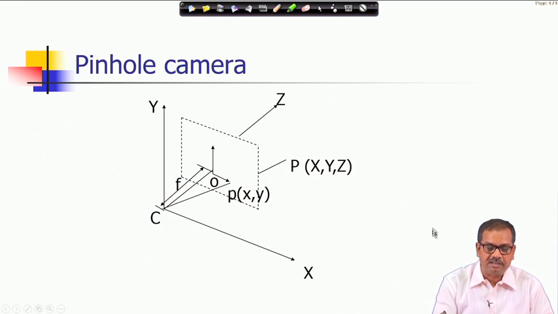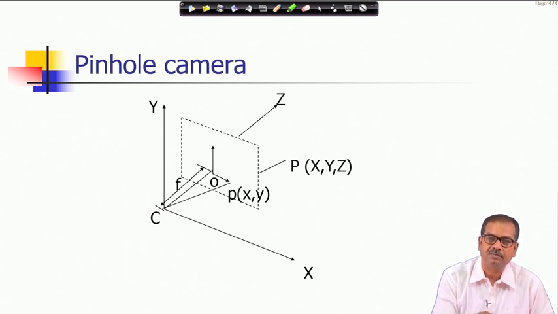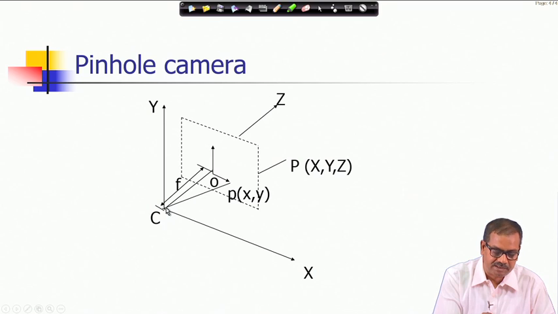So, let us consider the principle here, how these are related. This is the configuration usually shown for pinhole camera mapping. In the pinhole camera, once again, the center of projection is the point from which all the rays emanate and which is projected on the image plane.